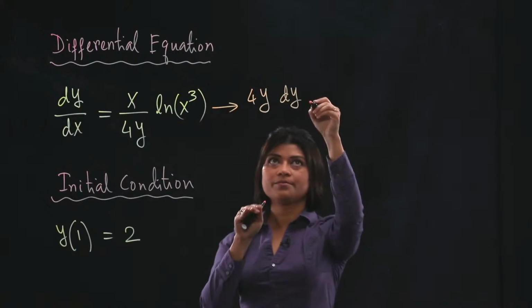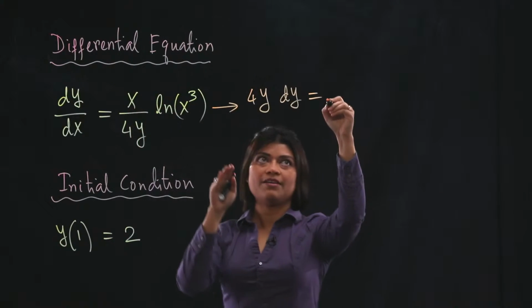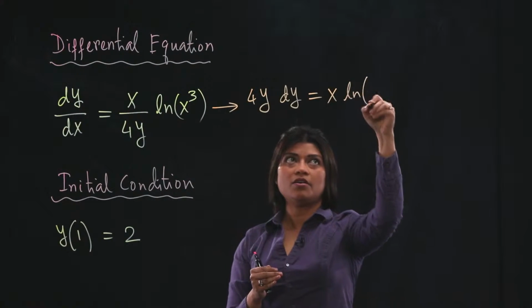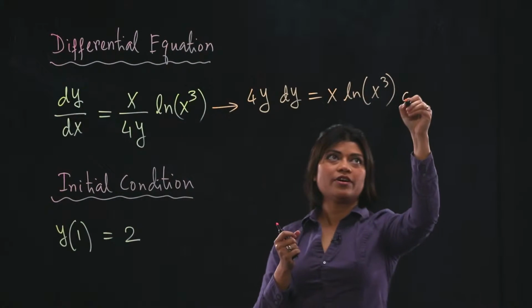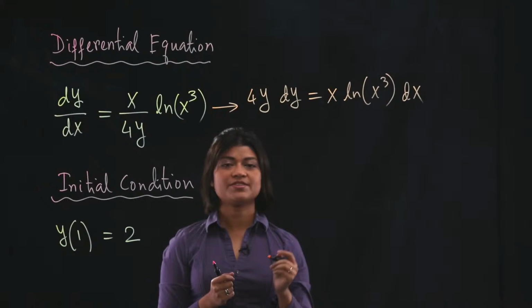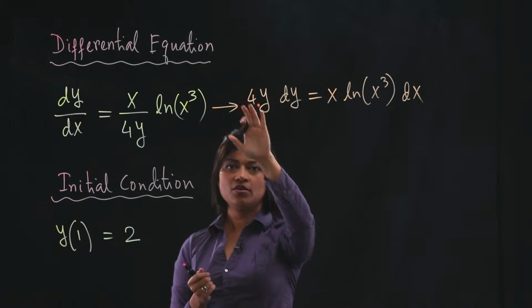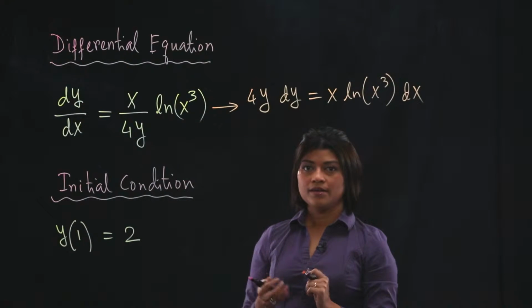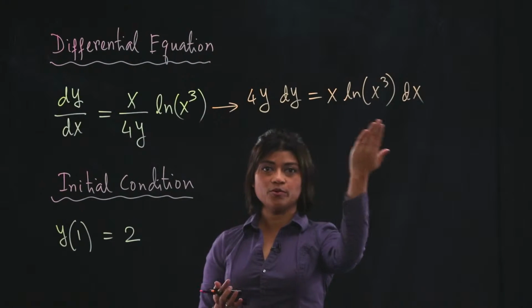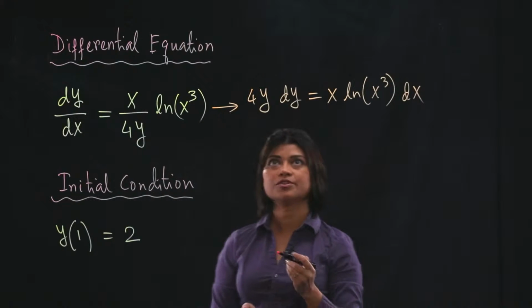So keep the dy. Right hand side will have x ln of x cube, and this dx we can bring in the right. And see, we have separated the variables. Left hand side all y, right hand side all x. Now we can integrate both sides and we'll have a solution.